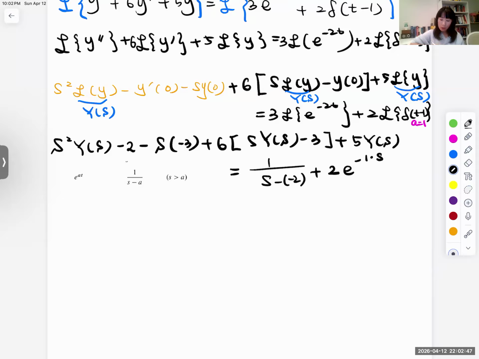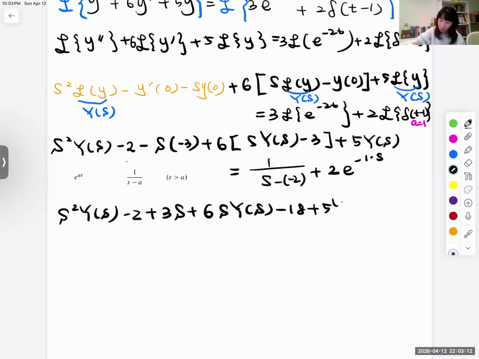Okay, now rewrite everything. s squared Y of s and minus 2 plus 3s plus 6s Y of s plus minus 18 plus 5 Y of s equal to 1 over s plus 2 plus e to the negative s.